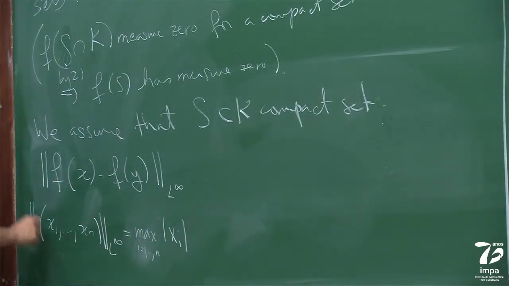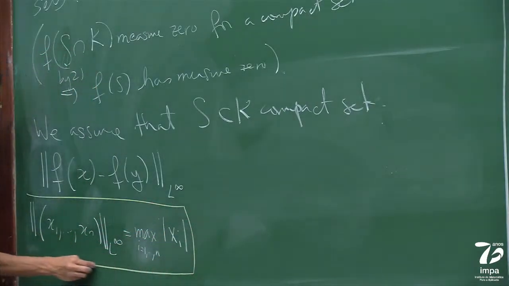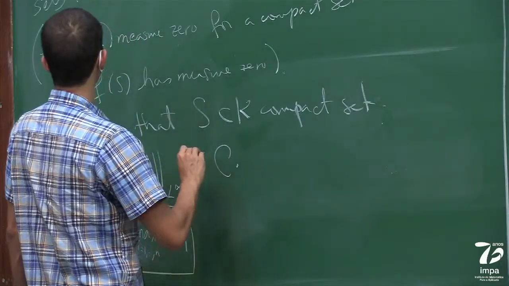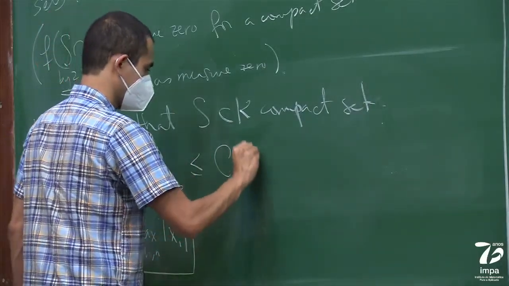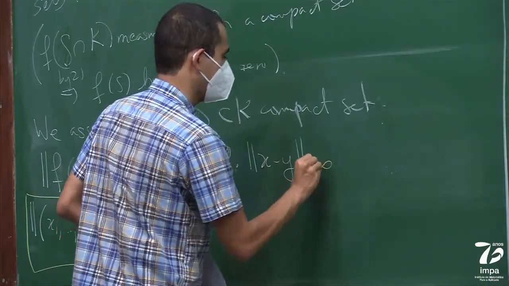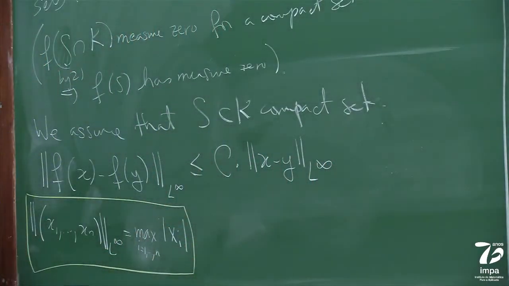So then this is less than or equal to a constant times the L infinity norm of x minus y. Okay, so this is a version of the mean value inequality in Rn. And you can do it for any norm, in particular for the norm L infinity.